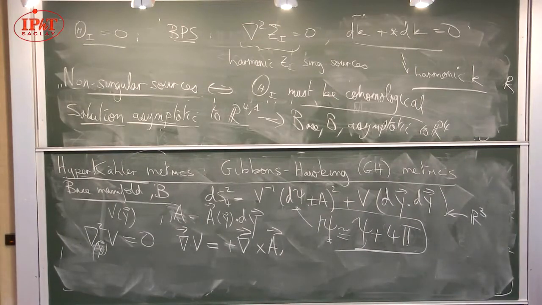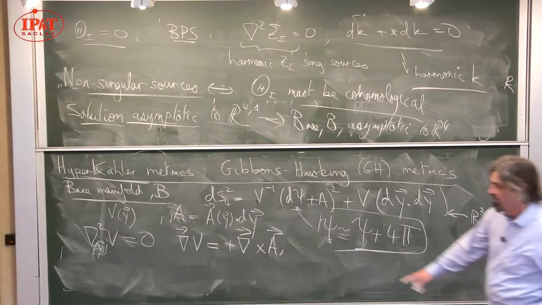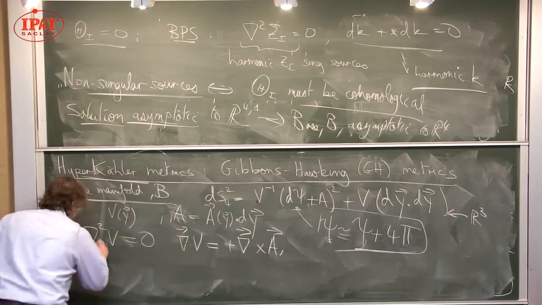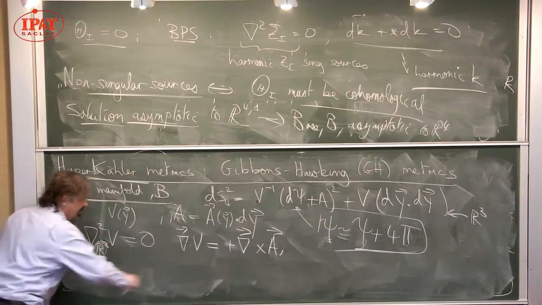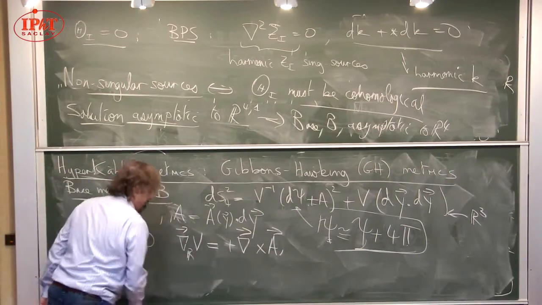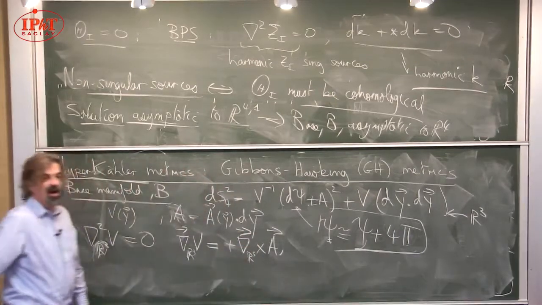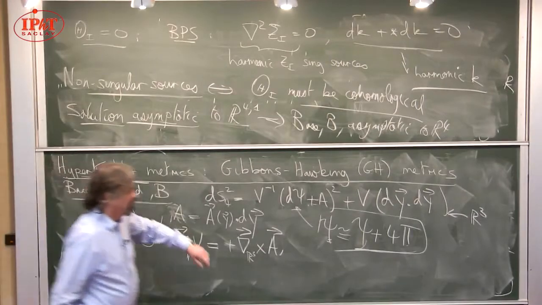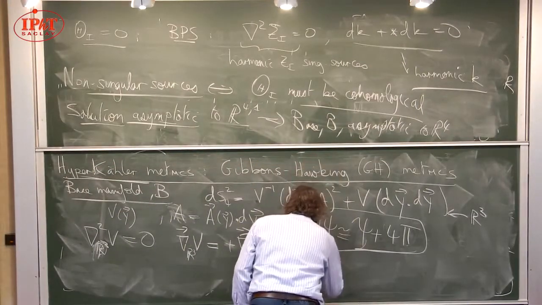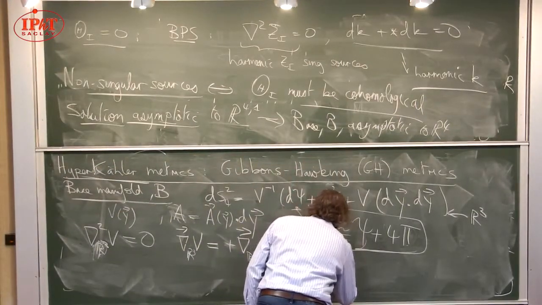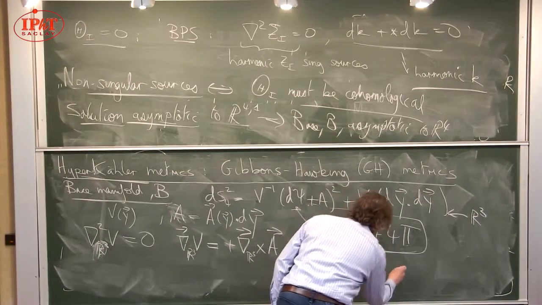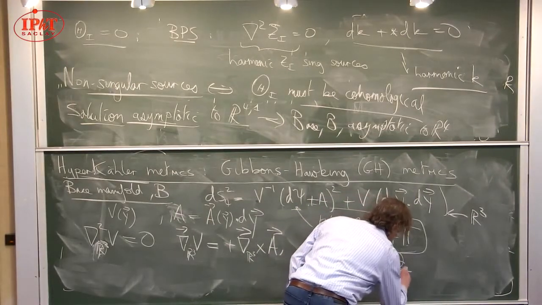Sorry? Yeah, the Laplacian for the flat metric? This is the Laplacian of the R3 metric. And this is the gradient in the R3. So everything here, when I write a differential operator, is going to be in the R3. Everything is going to be assumed to be independent of psi. So I'll say, d/d psi is a Killing vector.